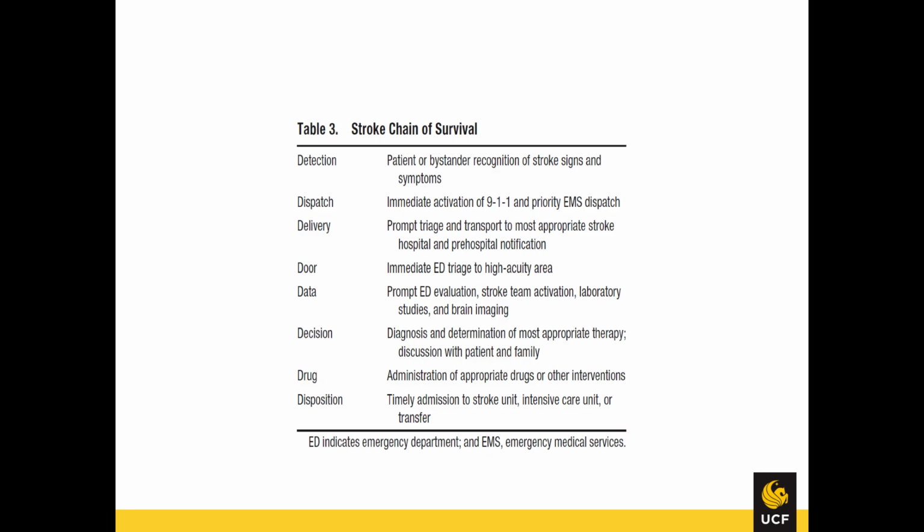Prompt ED evaluation, so data collection, stroke team activation, lab studies, and brain imaging. Decision: diagnosis and determination of the most appropriate therapy, discussion with the patient and family. Drug: administer the TPA or whatever agent, whatever intervention we're going to be doing. And then disposition: timely admission to the stroke unit, the ICU, or a transfer.